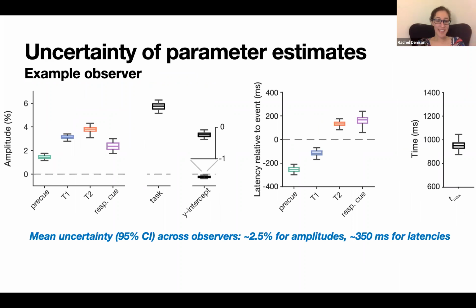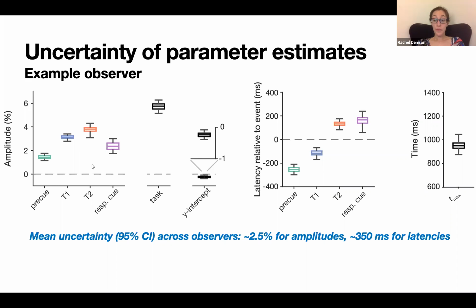The second way we evaluated the reliability of the parameter estimates was to ask how uncertain the estimates were in the data itself. So to assess this, we bootstrapped each observer's data 100 times and refit the model, which allowed us to calculate confidence intervals for each parameter estimate for each observer.